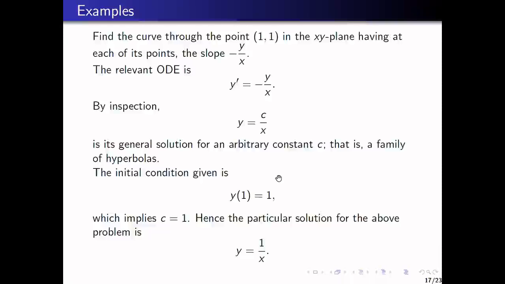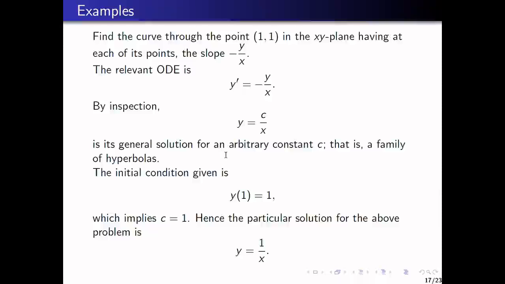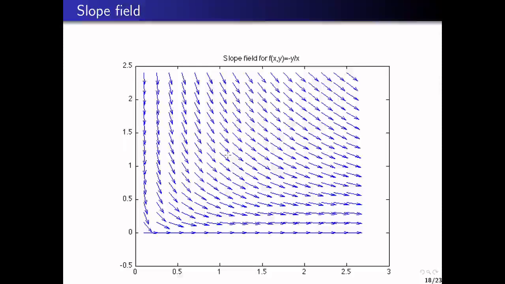Now for this differential equation also, we would like to plot the direction field and get the isoclines also. So what is shown in this picture is the direction field of the given differential equation, dy by dx is equal to minus y by x. The x is plotted along the horizontal axis and y is plotted along the vertical axis.